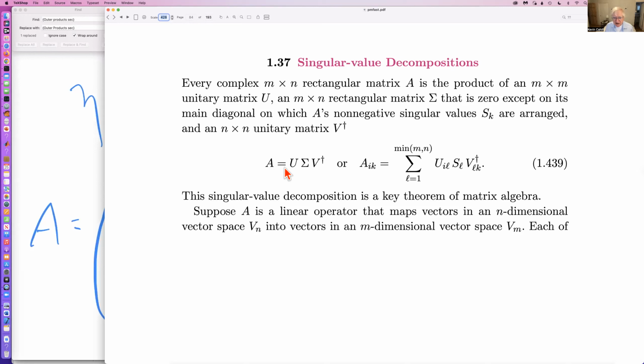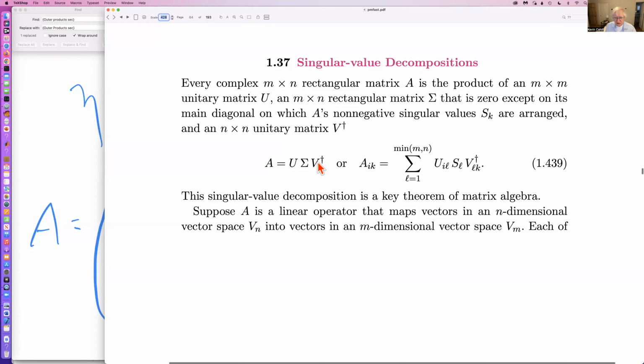So A is unitary, times non-negative on the diagonal, times the adjoint of a unitary operator.